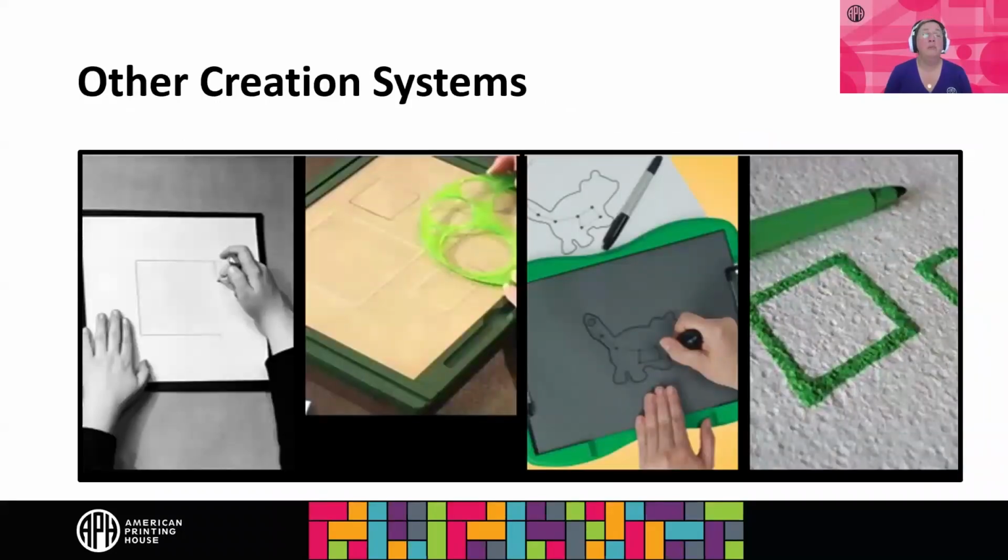There are multiple other creation systems, not only for us to use, but for our students to use. Put a Y in the chat if you know what a swale dot inverter is.